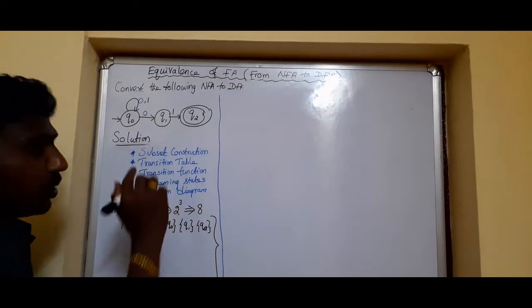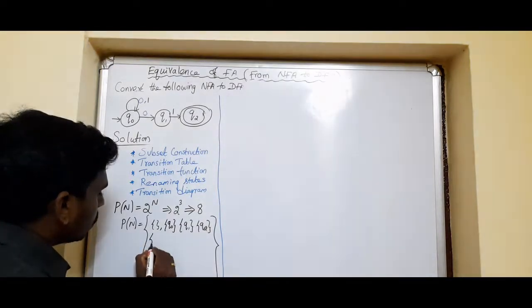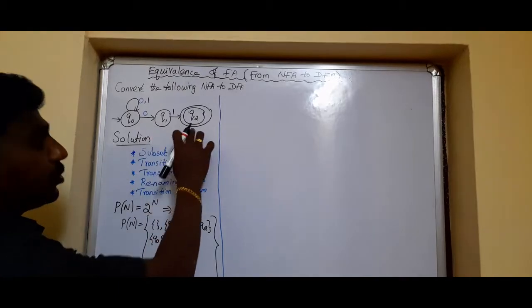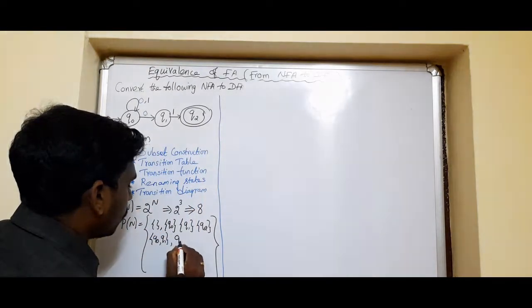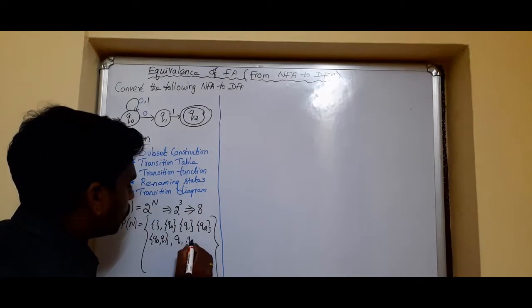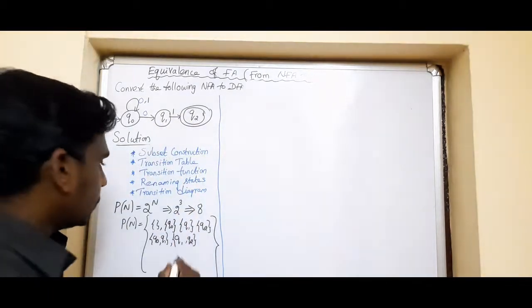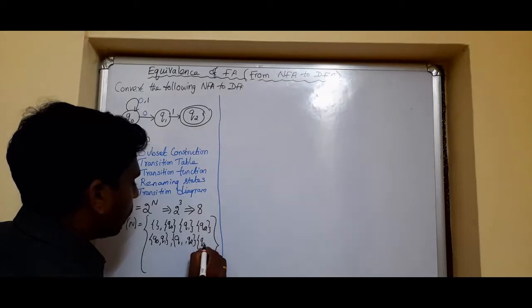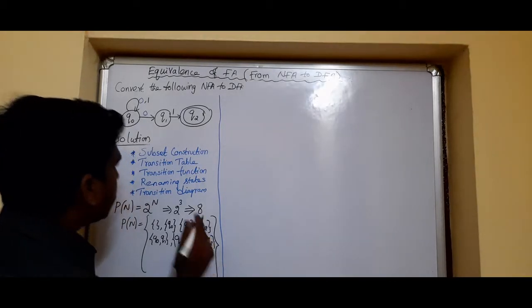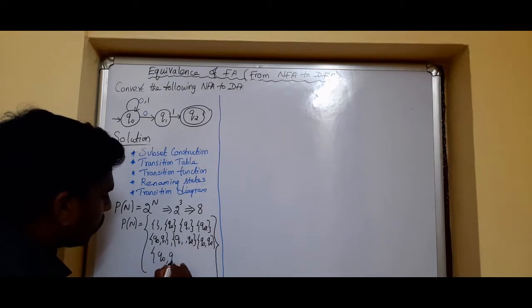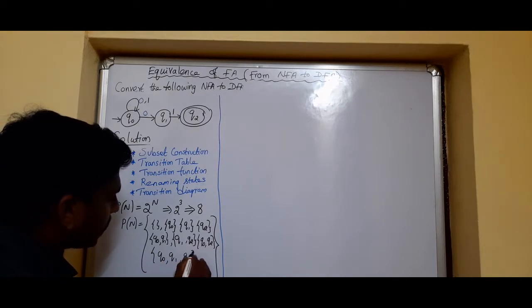Then Q0, Q1 is one set. Q1, Q2 is one set. Q0, Q2 is another set. Then Q0, Q1, Q2 is another set.